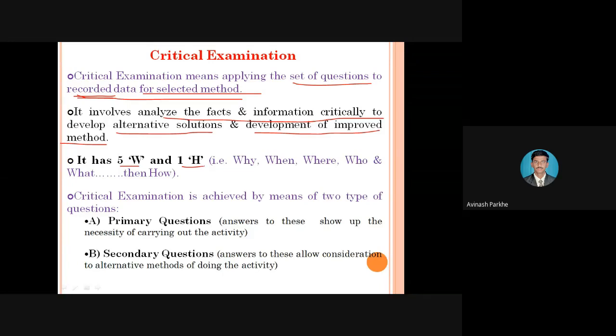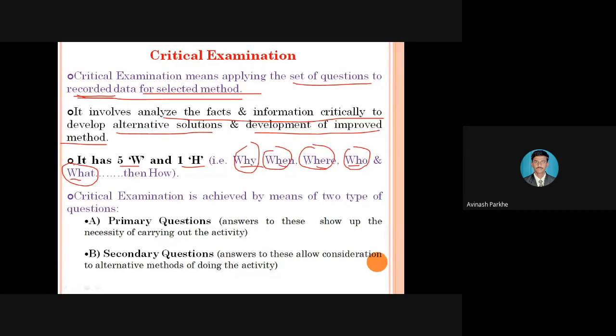We ask questions in the form of why, when, where, who, and what. Why do we have to go for the modification?